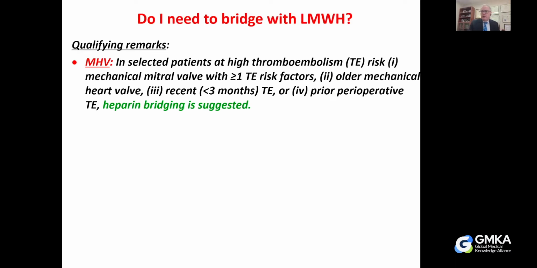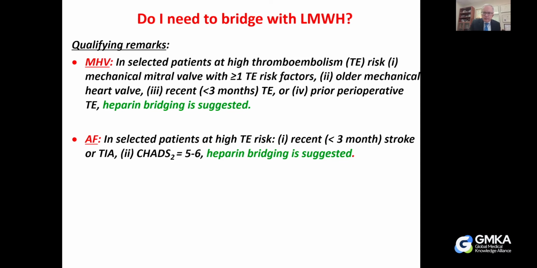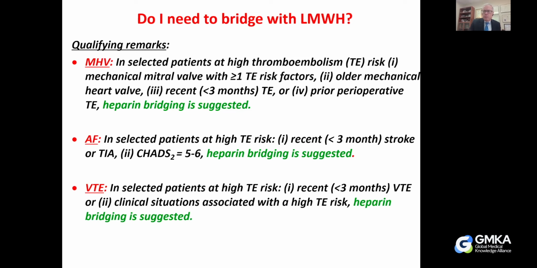So as you can see there, in selected high-risk patients, bridging is suggested if they have a mechanical heart valve. And the same applies for patients with atrial fibrillation or venous thromboembolism. If they are considered at high risk for thromboembolism, then heparin bridging is suggested.